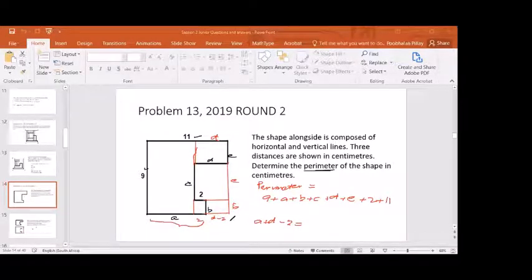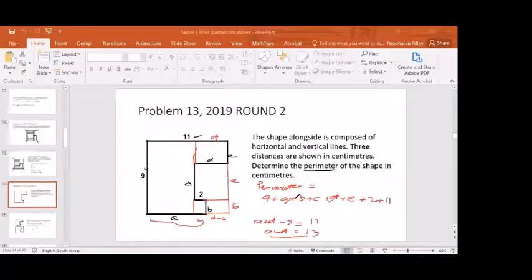So we do know that A minus 2, that's that one there, plus D is 11. See? A plus D minus 2 is 11. So A plus D is 13. So we do know that. In other words, I can replace these two here by 13.